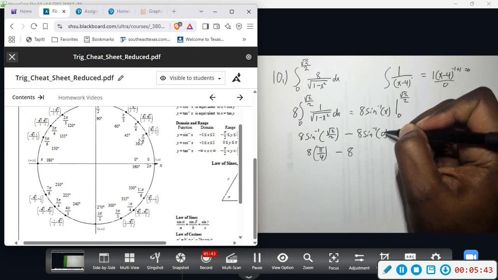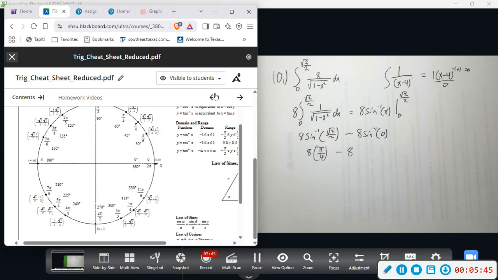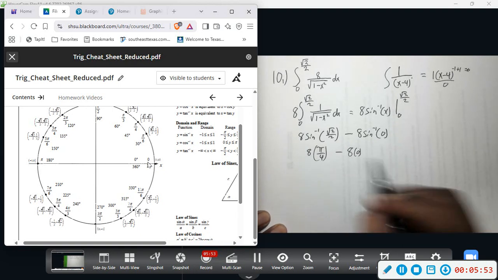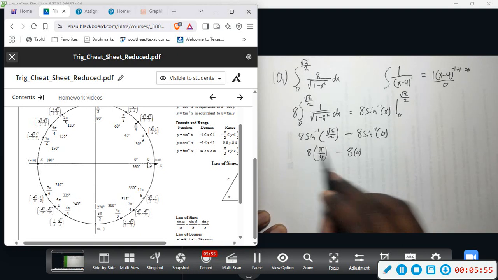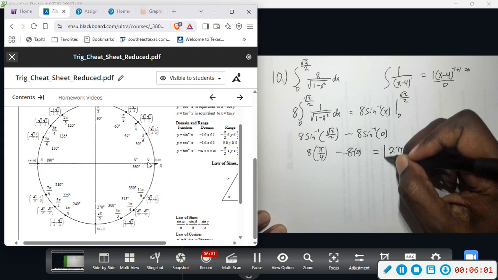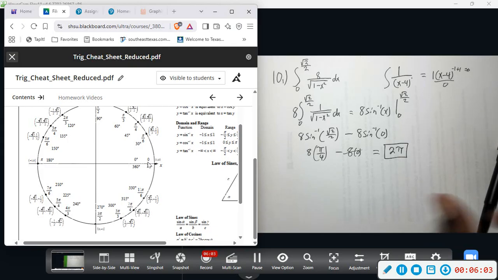Now sine inverse of 0, okay, the ordered pair is 1, 0 here. The y value is 0, so that's just going to give us 0. So it'll be 8 times 0 here. And then that zeroes out, so we get 8 divided by 4 is 2. So we get 2 times pi as our final answer.